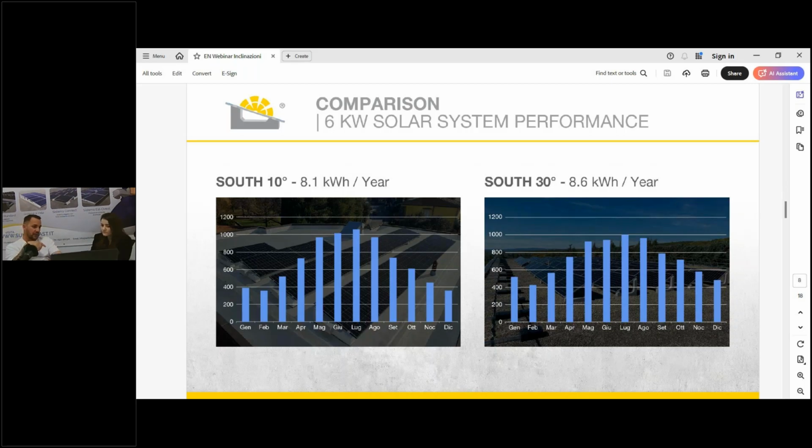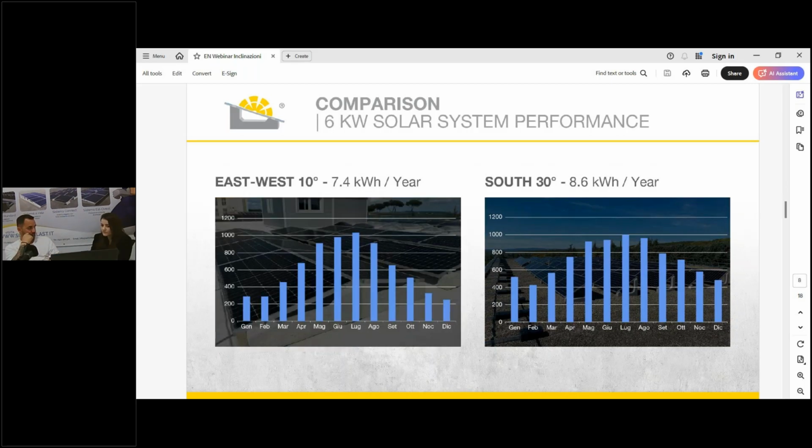Now we're gonna switch into east-west and south, right? For the same system that we were talking about, a 6 kilowatt installation, we have an east-west 10 degrees, and we have a south 30 degrees. So as you can see even here, the first thing that you see is the difference between south 30 and 10 degrees east-west.